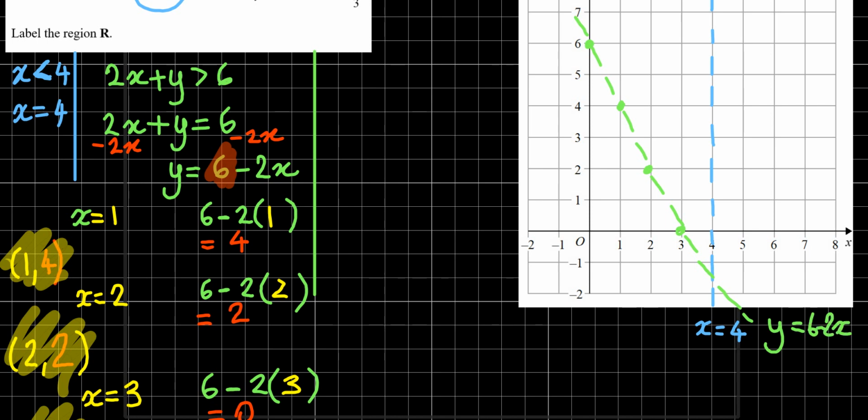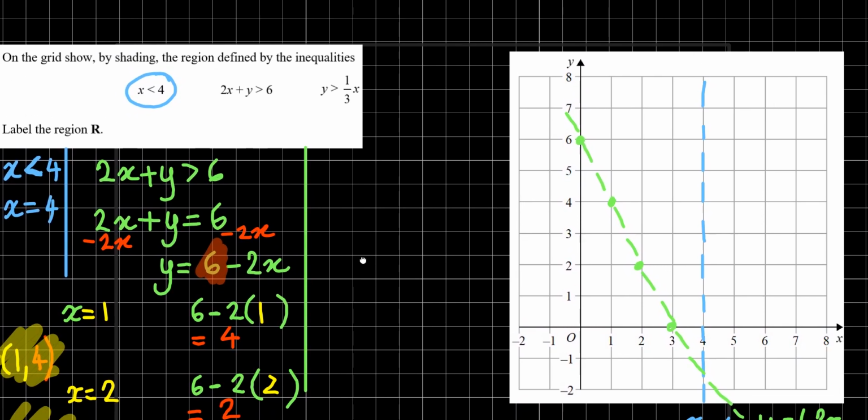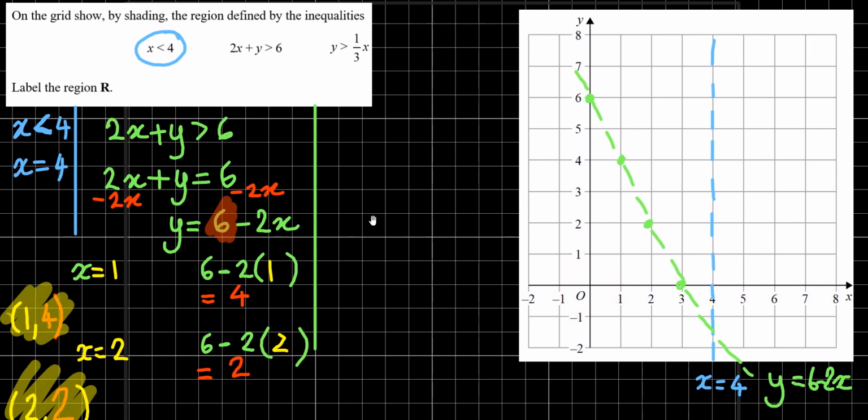Right, finally we have a third line to plot, and the third line is y is greater than 1/3 x. So I'm going to write it as an equal sign for now. This is the only time you can write it as an equal sign. If you were solving this, you've got to keep the inequality the same.